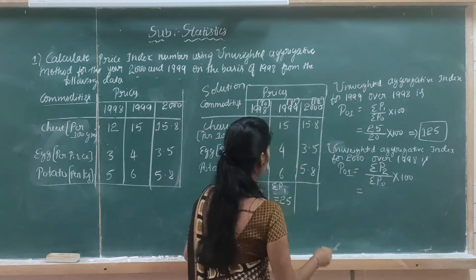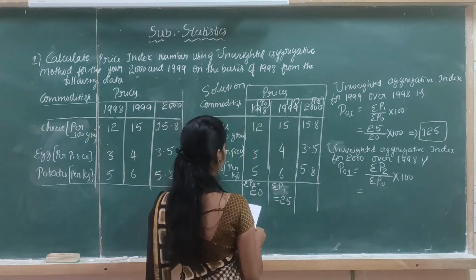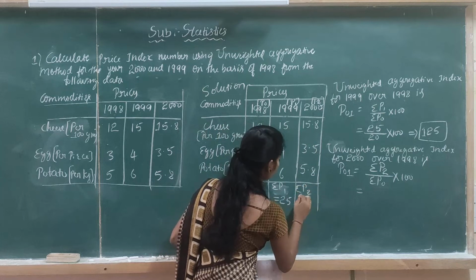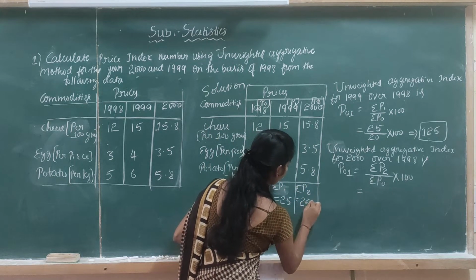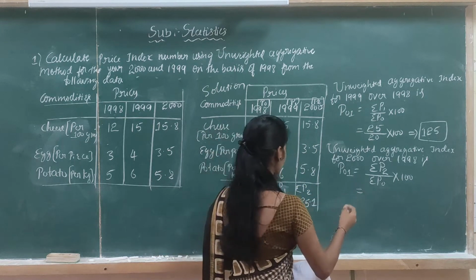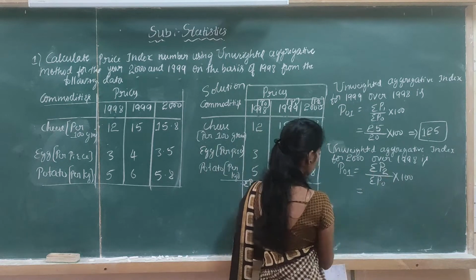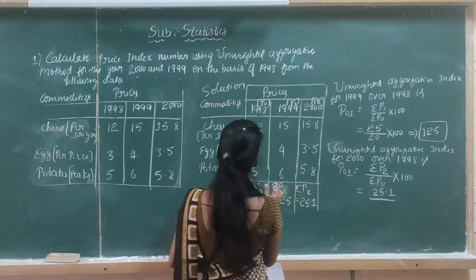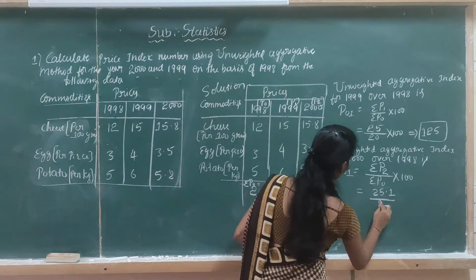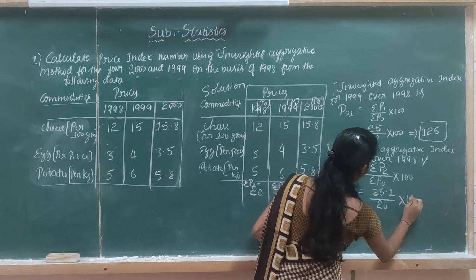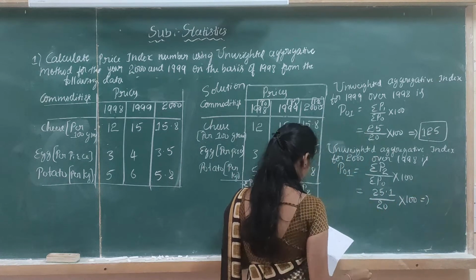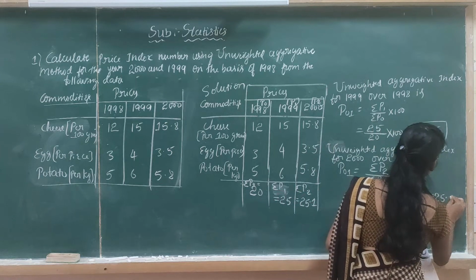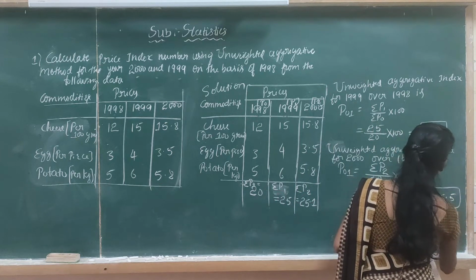The total of the P2 values, summation P2, is 25.1. So write the same here: summation P2 value 25.1 divided by summation P0 value 20 into 100. So the answer is 125.5.